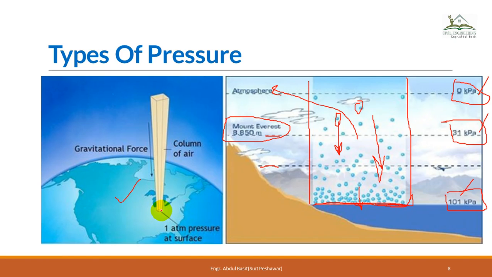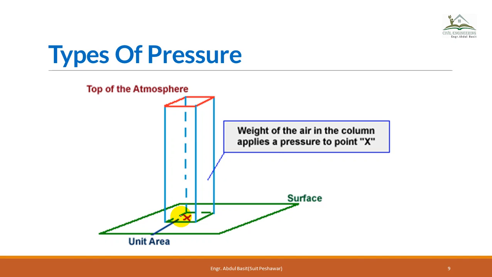So how much of the air column will create this much kPa of pressure is the head of the air column that will produce the atmospheric pressure. That will be one atm. In simple words, this is the area on which we have selected the air column, for x height.